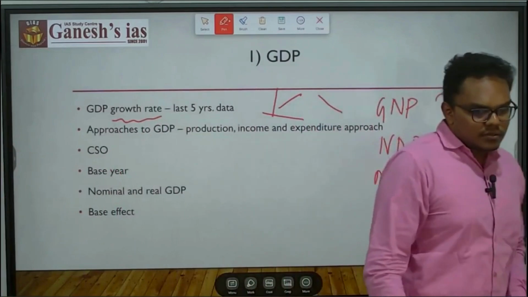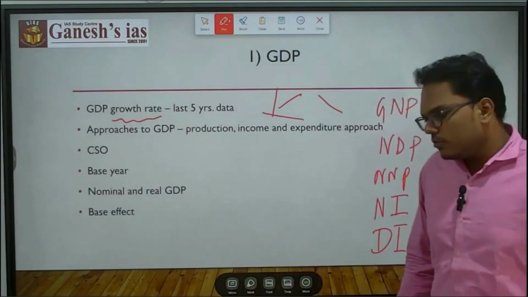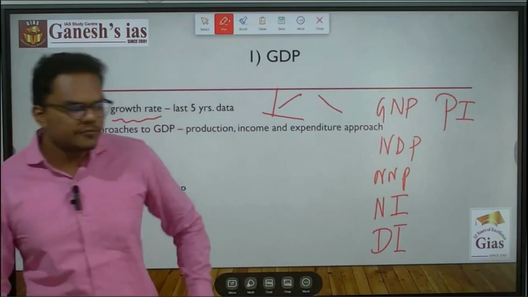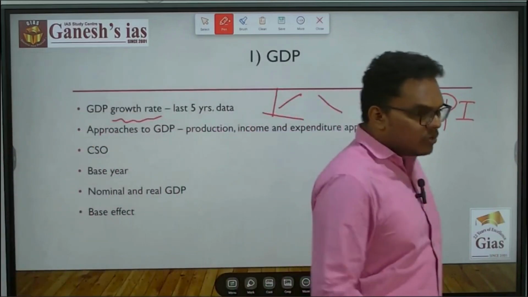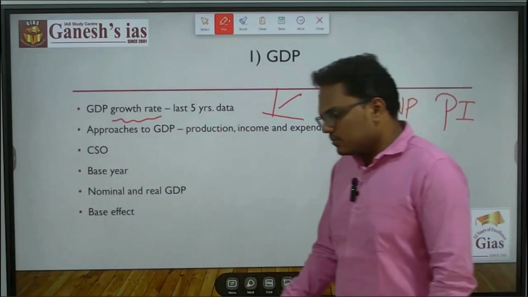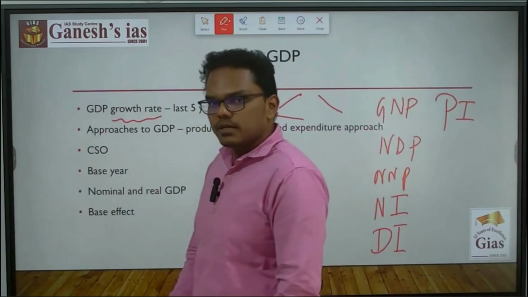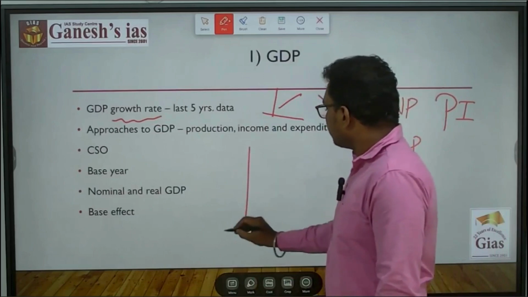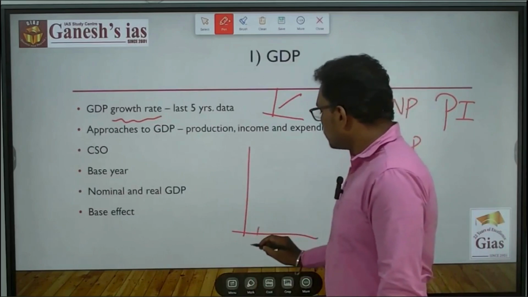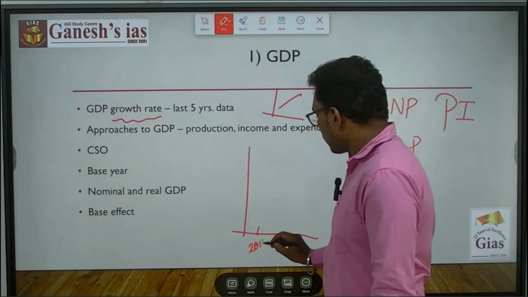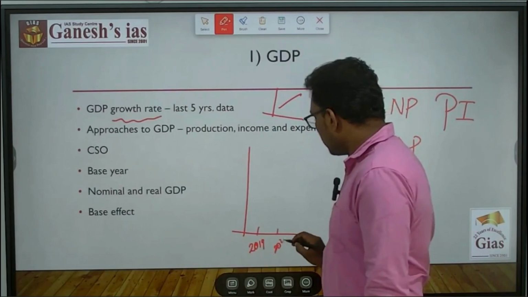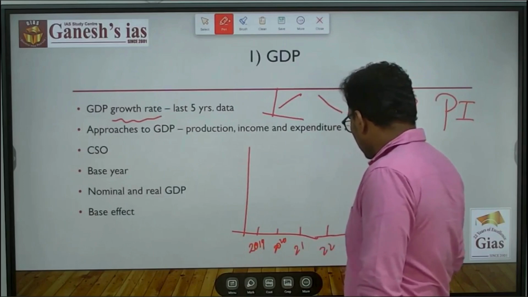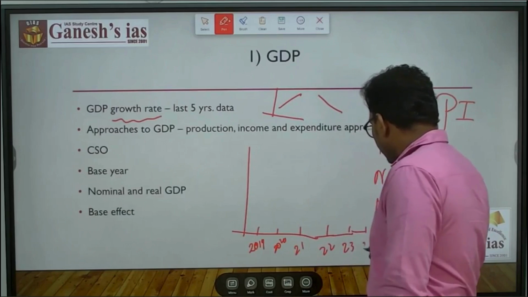For instance, assume that we are in the year 2024. Suppose there's a question on GDP for the last 5 years. You need not know the GDP data for the last 4 or 5 years, but by using common sense, you can know this: assume this is 2019, then 2020, 21, 22, 23.